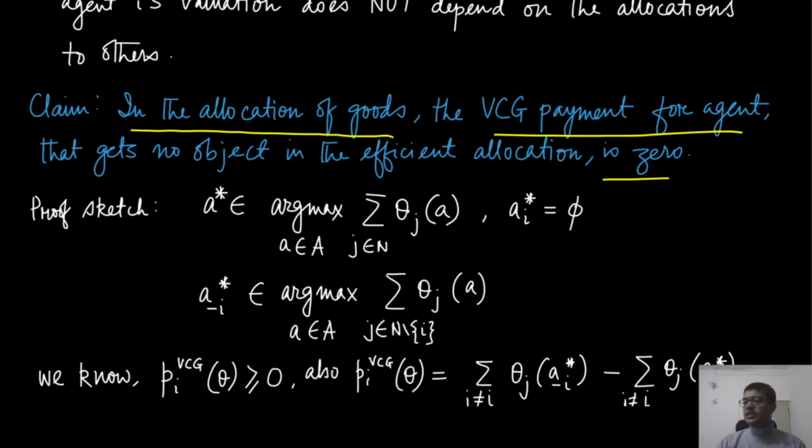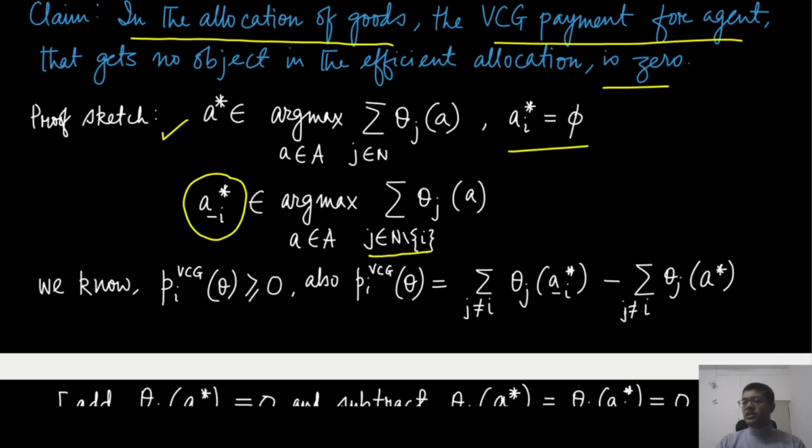The idea is that when you are picking the efficient allocation under this VCG mechanism, the assumption here is that player i is not getting any object, is getting an empty bundle, and we are also going to use this notation A minus i star to mean the efficient allocation, or the social welfare maximizing allocation, without agent i. That is exactly equal to the argmax when you are considering all the agents except agent i. Now we already know that the VCG payment is always non-negative, right?